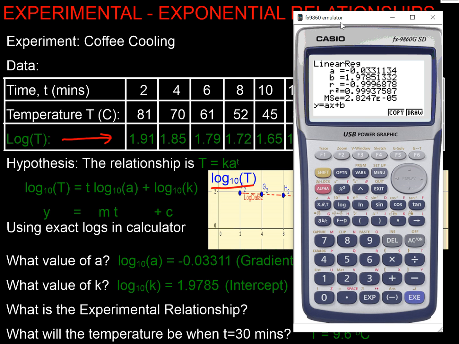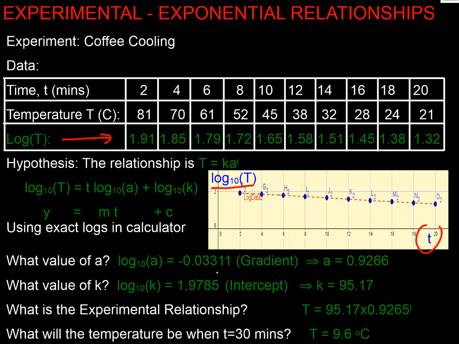So how am I using those? Back on my screen here. Well, my gradient m is going to be the log of a, so therefore a is going to be 10 to the power negative 0.03311, so a is going to be 0.9266.